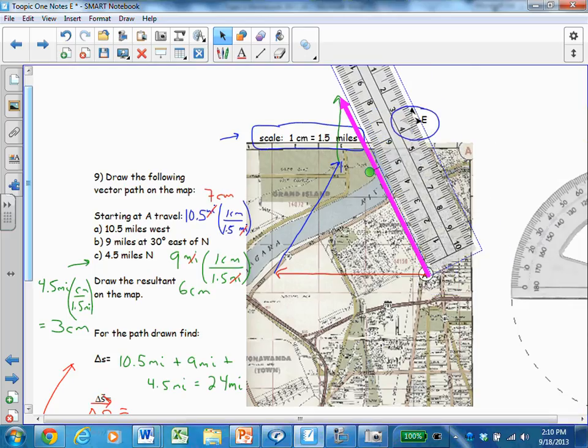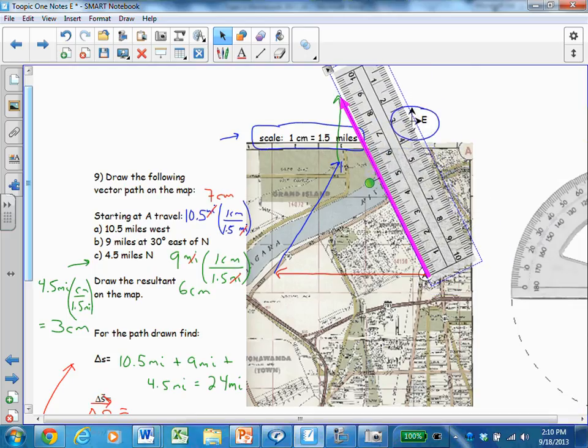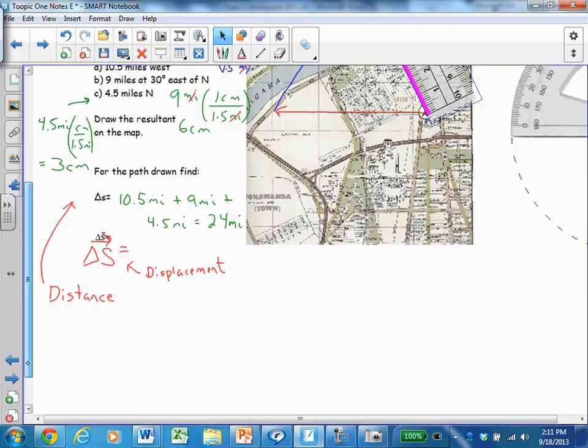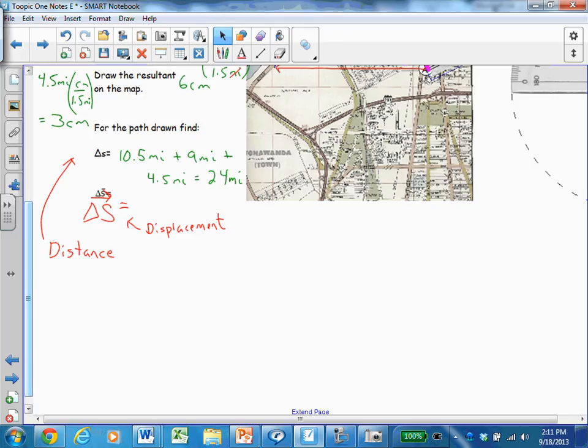Now yours might be slightly different because mine comes out to about 9.2 centimeters. So 9.2 centimeters, but remember I need to convert that to miles first.